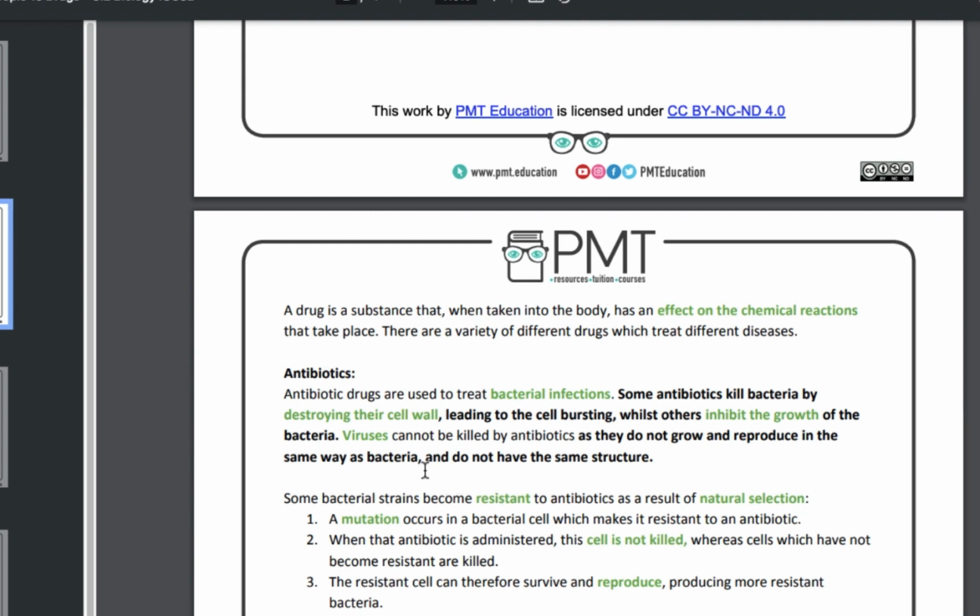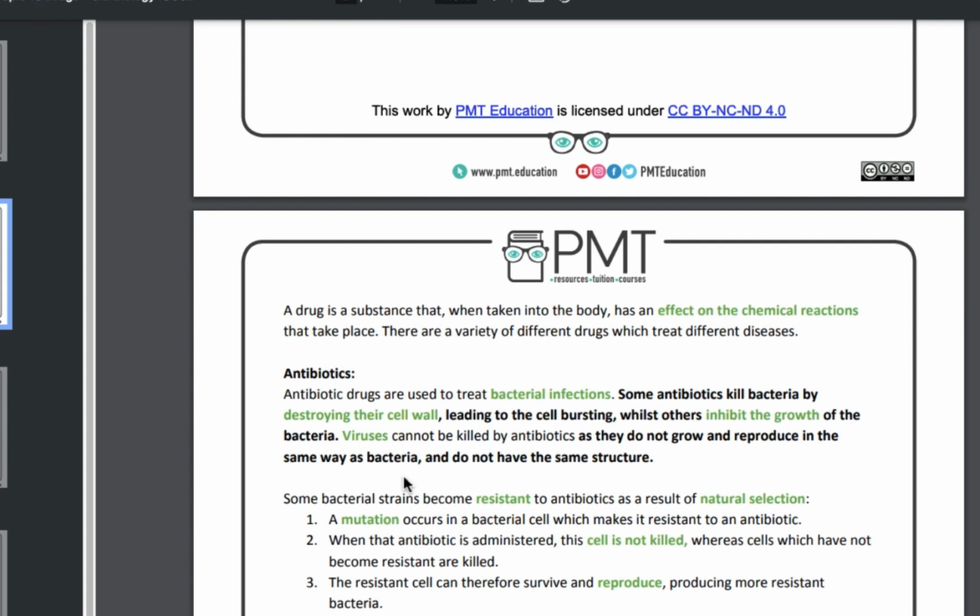But what about viruses? Viruses cannot be killed by antibiotics. If you are infected by a virus, like last time when we had coronavirus, if it was possible to use antibiotics, we would have just used antibiotics for coronavirus or any other type of virus. When a virus affects you, you need something else, not antibiotics.